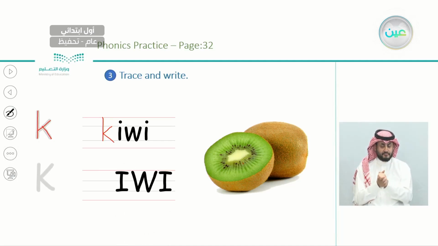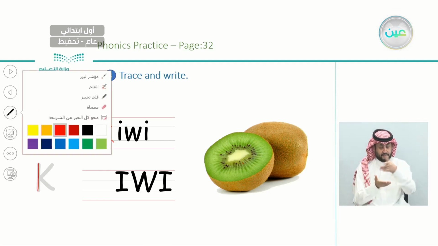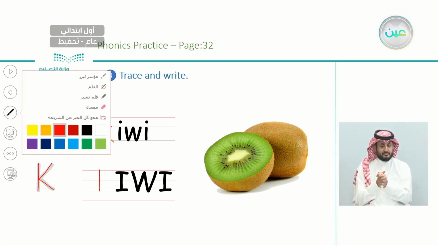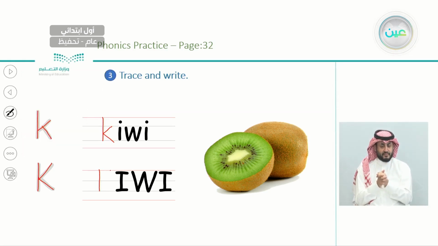Again, but now with capital form. Start from the top up to down, and after that we have 2 long lines like this. Again start from number 1 to 3 like this, and line number 1 to 2, and again to number 3. So this is K in capital.